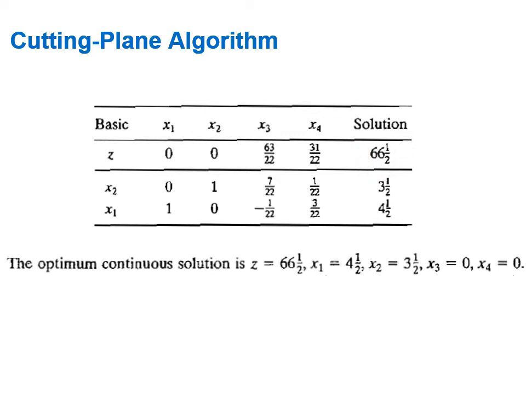This is not an integer solution, which means that according to the cutting plane algorithm, we need to include a new cut. And how did we generate these cuts? Remember, for each row, either row 0, the row corresponding to the first constraint, or the row corresponding to the second constraint, we can generate cuts if the right-hand sides are fractional.